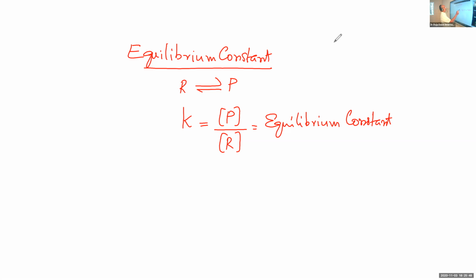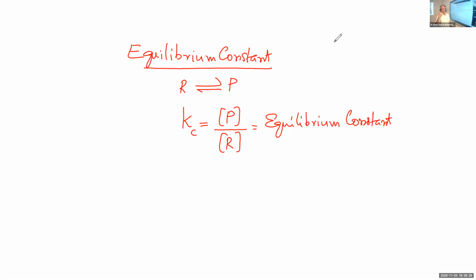Here we make use of concentration terms, and therefore this constant is specifically mentioned as Kc: K for constant and C for concentration. This is the equilibrium constant in terms of the concentrations of the products and reactants. Remember, products by reactants, right hand side by left hand side.